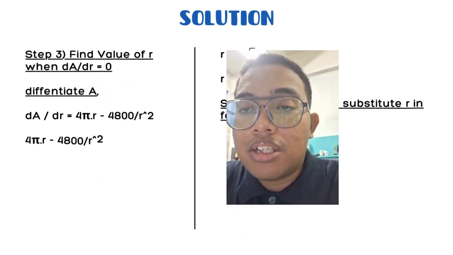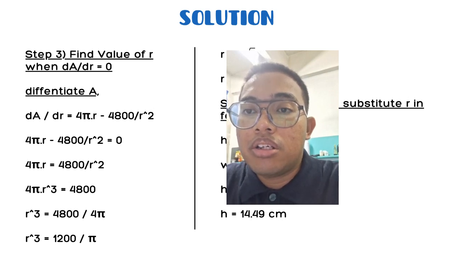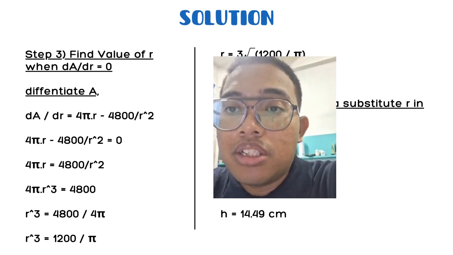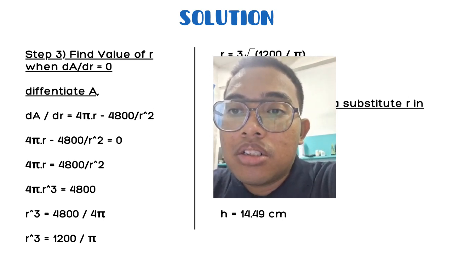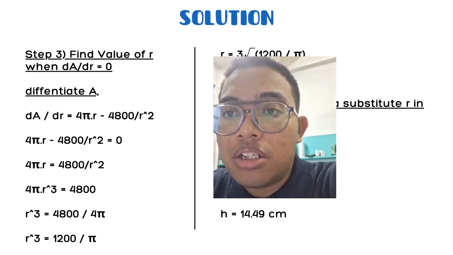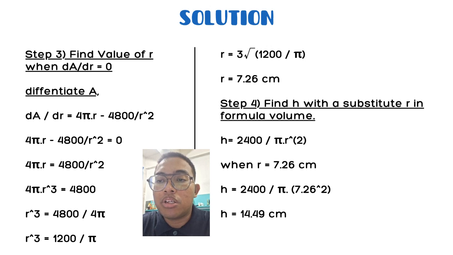For step 3, we must find the value of r when the derivative of A is equal to 0. First we differentiate A, and we get 4 pi r minus 4,800 divided by r squared. Setting this equal to 0, we get r equal to 7.26 cm.